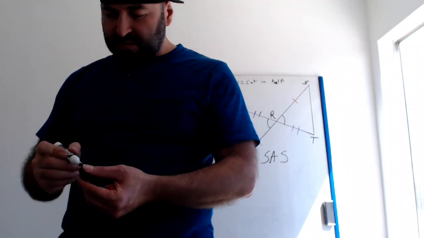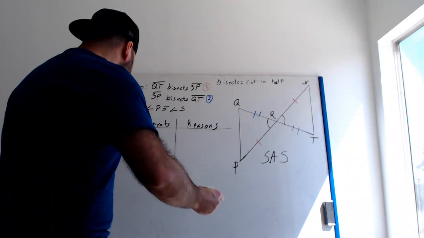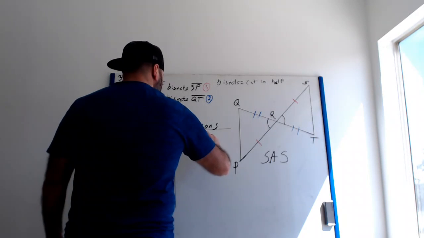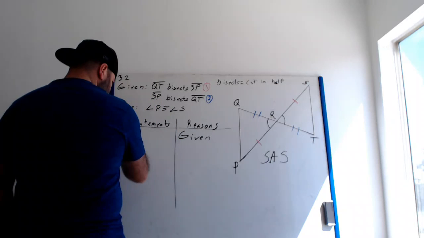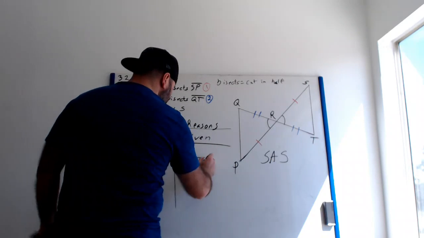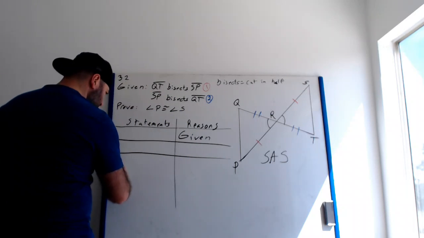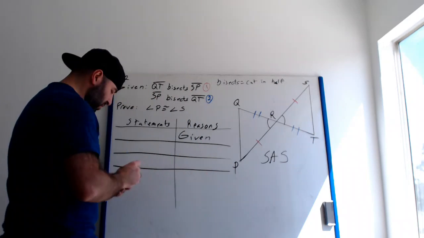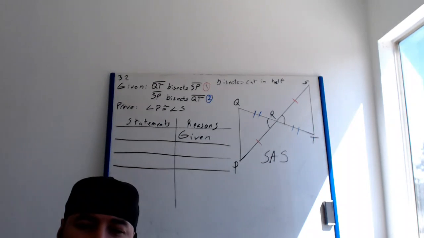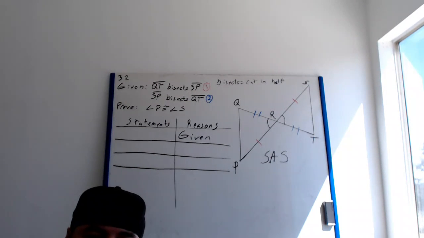Okay, so now we can begin. First one is always the given information. All right, you can write that down yourself. Second one, I believe we are given some piece of information. So let me just double check that real quick.